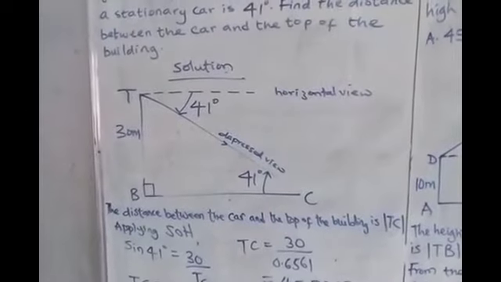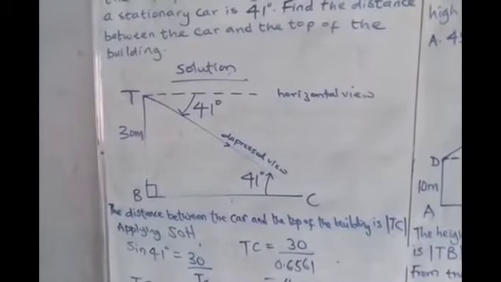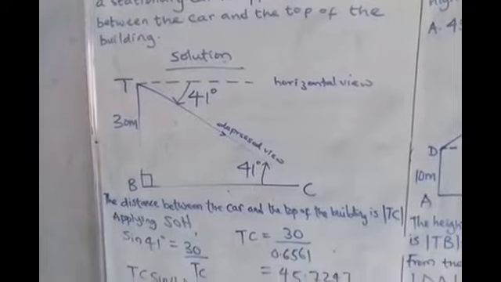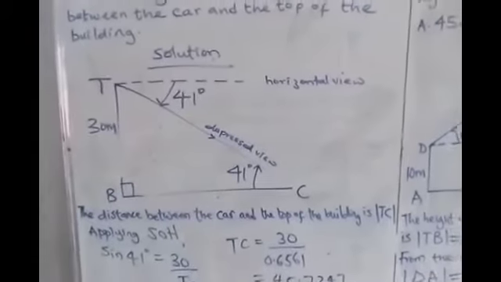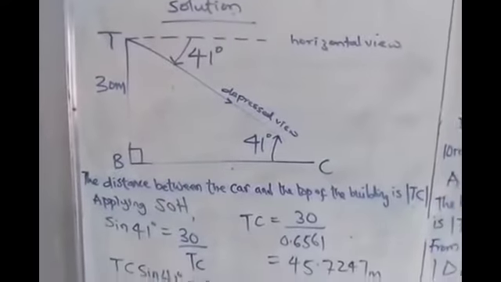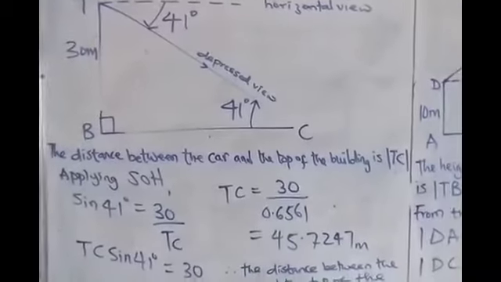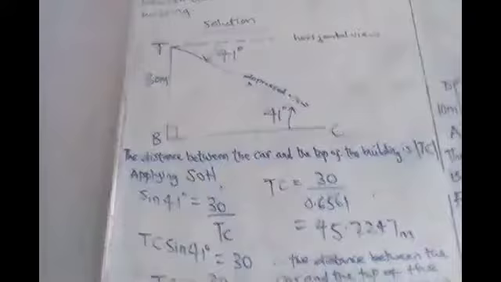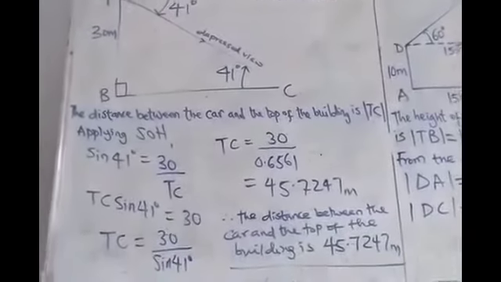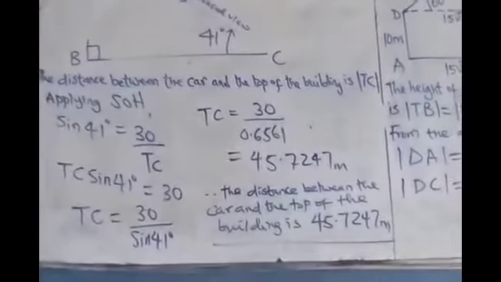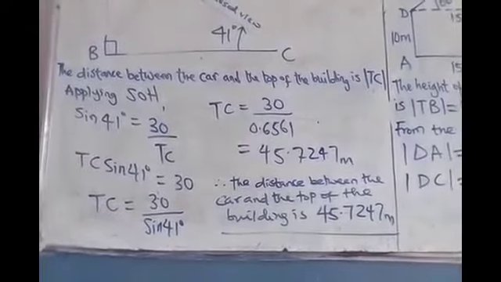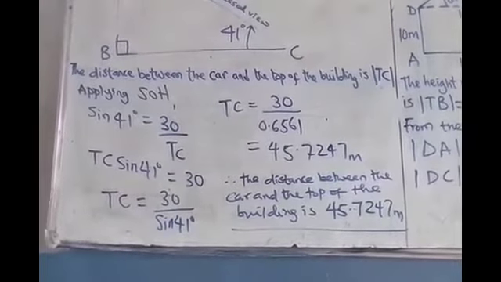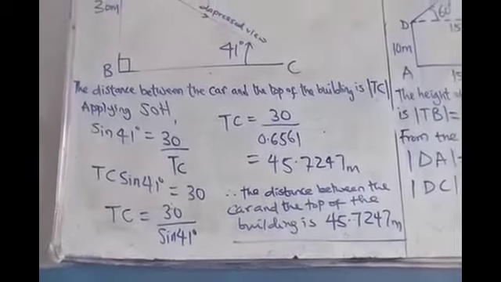So from that triangle TBC, at our point C, we have angle 41 degrees. So the distance between the car and the top of the building is TC. From the diagram, you can see that the distance is TC. From there, which of the ratios do you think will be suitable to apply to solve the question?